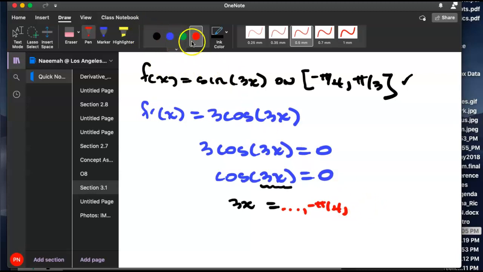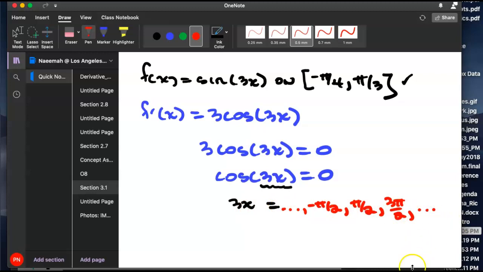So in this particular case, we will have negative pi halves, and then a positive pi halves, then a 3 pi over 2, and it goes on both ways.